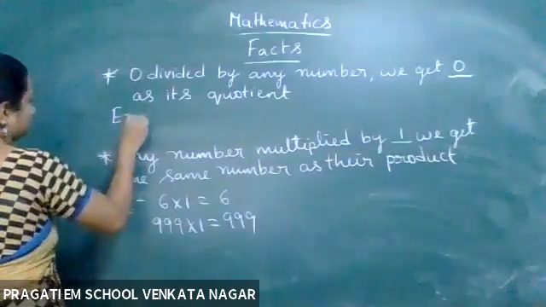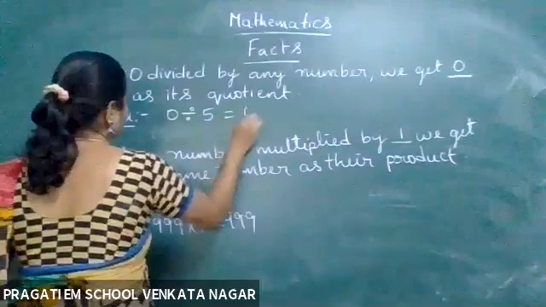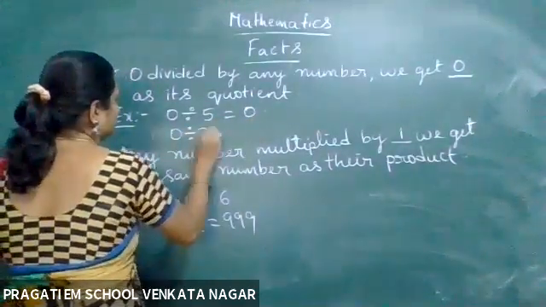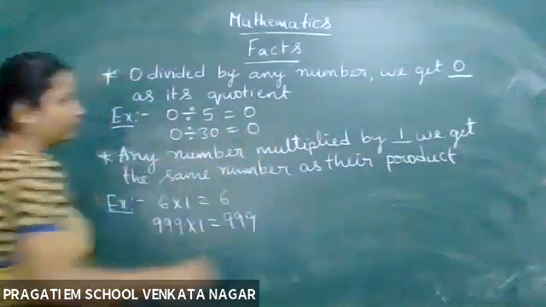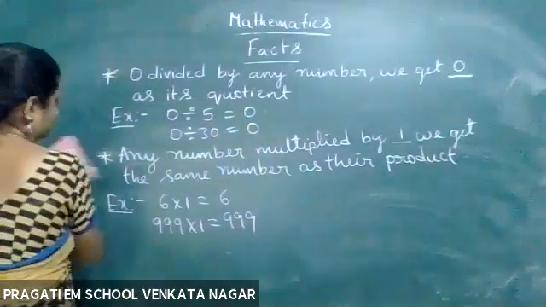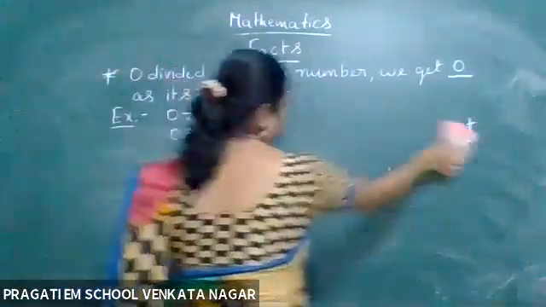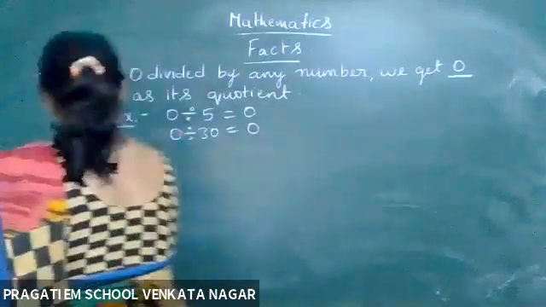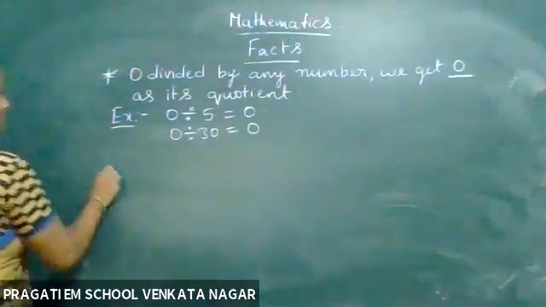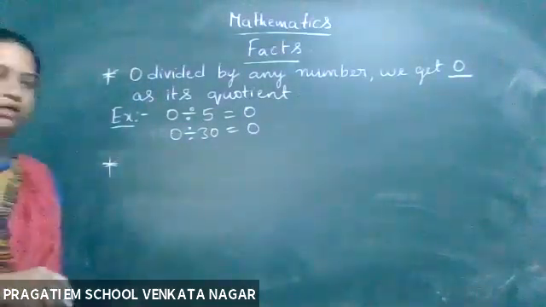Example, 0 divided by 5, you get 0 itself. 0 divided by 30, we get 0 itself. Yes, next one.